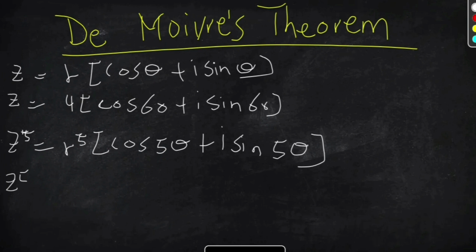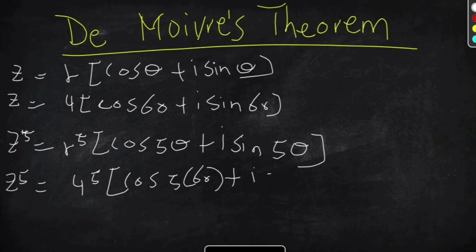Z exponent 5 becomes 4 exponent 5 into bracket cos of 5 into bracket 60 degrees plus i sine of 5 into bracket 60 degrees.